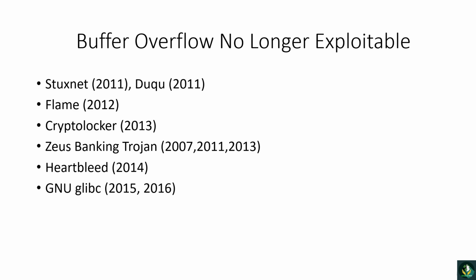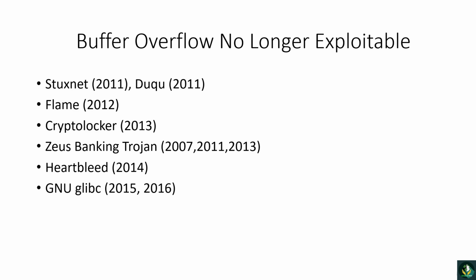However, buffer overflow vulnerabilities are still out there, both in very new and very old program releases, and modern malware is still exploiting them. For example, the Zeus banking intrusion first appeared in 2007.